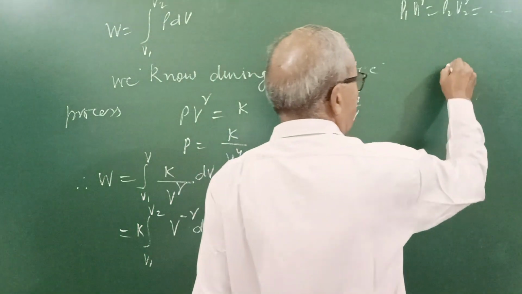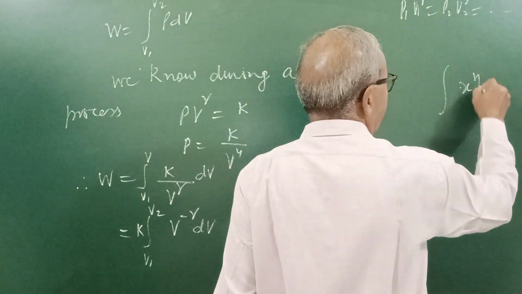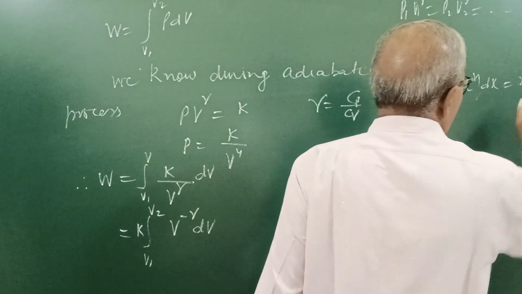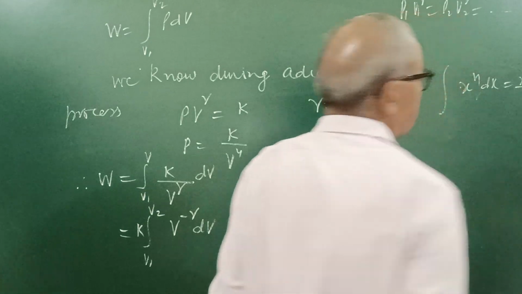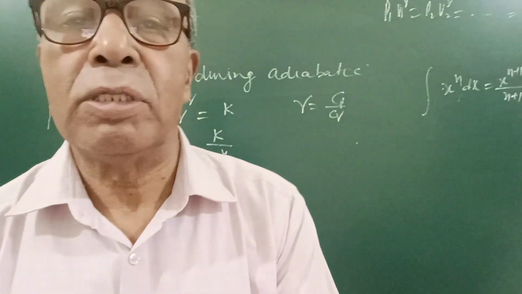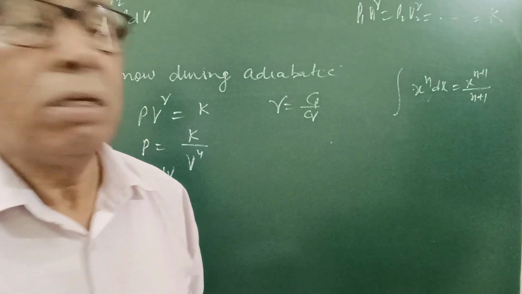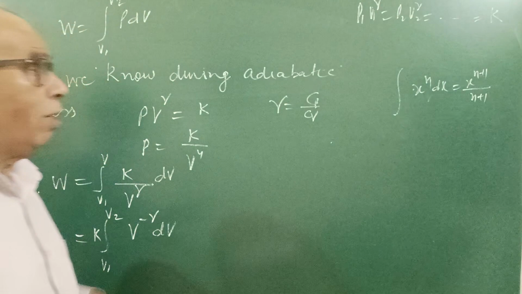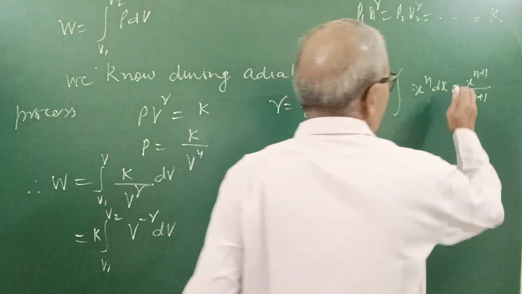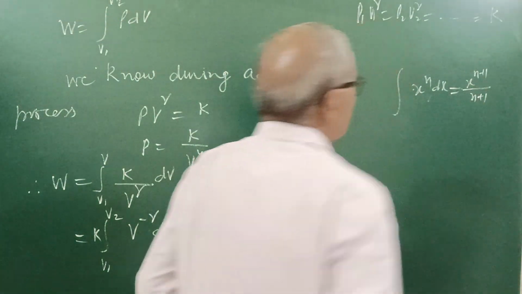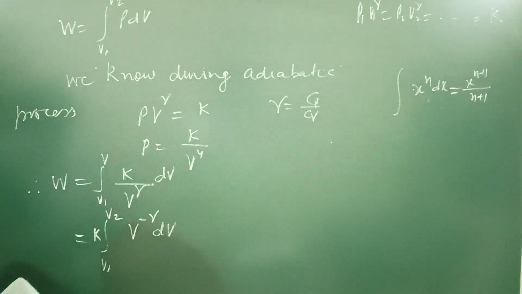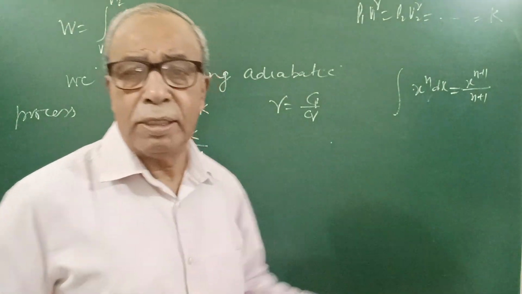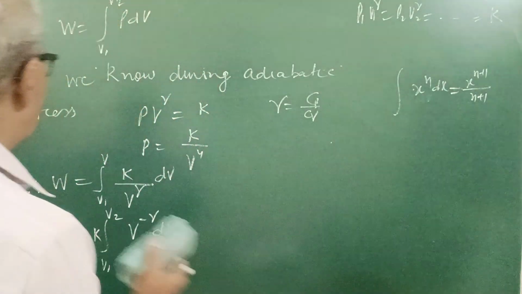And here please learn, integration x to the power n dx is equal to x to the power n plus 1 upon n plus 1. This formula I have told you many times. These are mathematical formulas you will learn in class 12, but it is a must to learn.